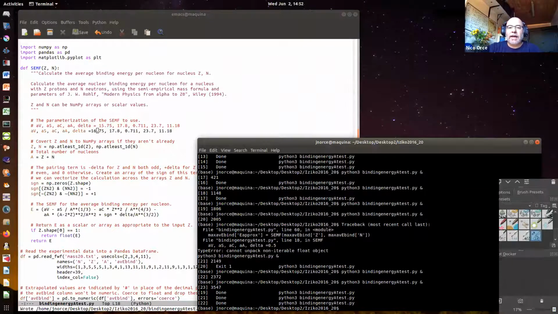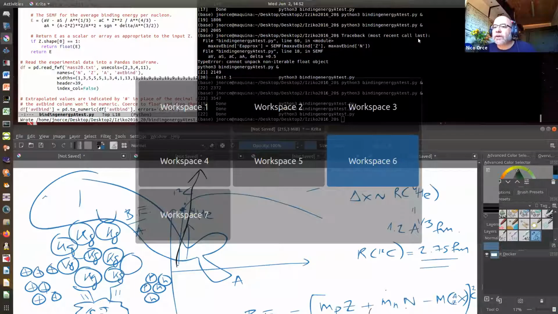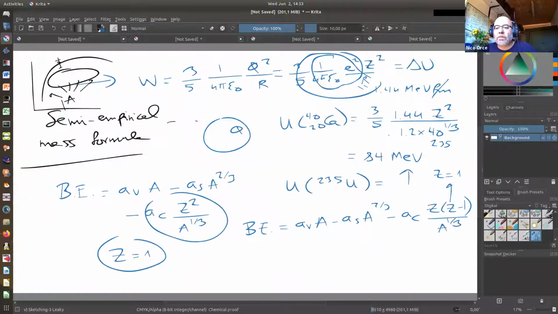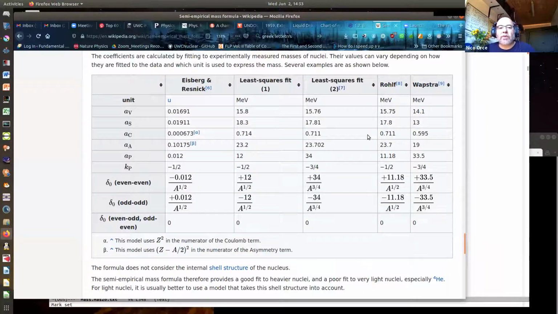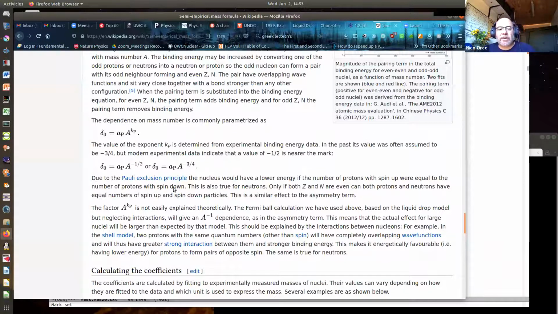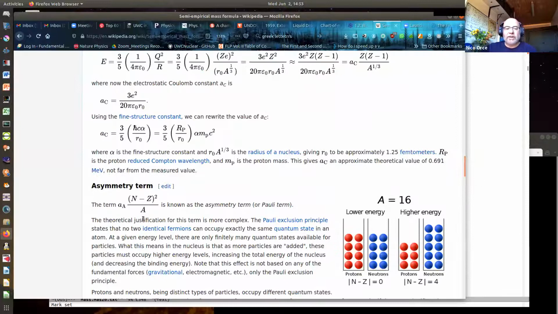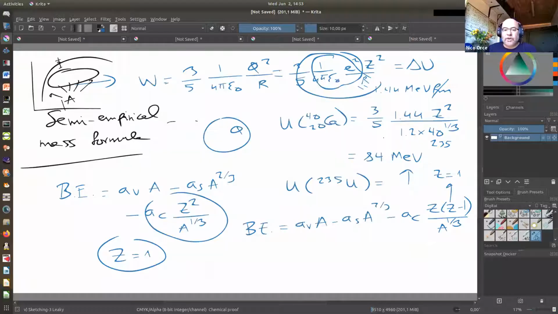But I'm here very interested also in the next term, which is the symmetry energy. And this term here is given by this formula. I use this Wikipedia because sometimes, here we go. So we have a symmetry energy term, which is, let's put the equation here. Binding energy.